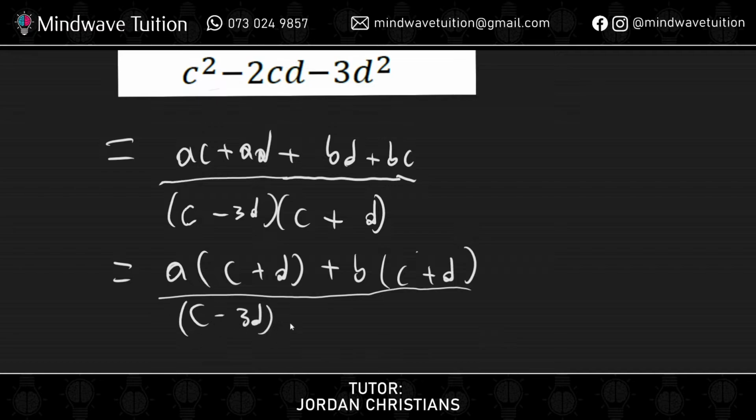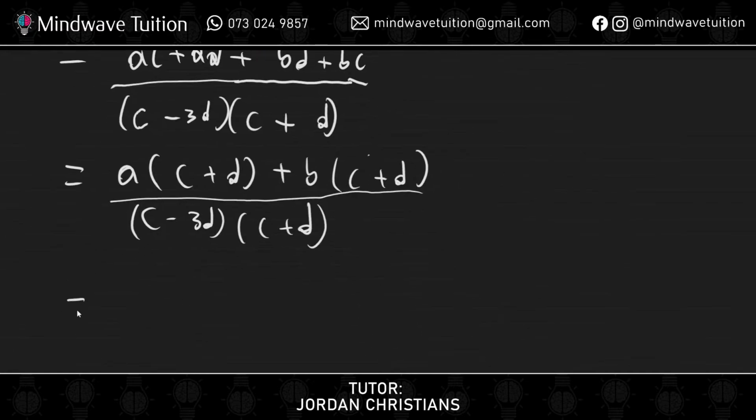Why can we not factorize it? Because the C plus D at the top is still part of an expression. It's still part of the plus B, and the C plus D is still part of the plus A. So let's factorize out the C plus D as the common bracket.